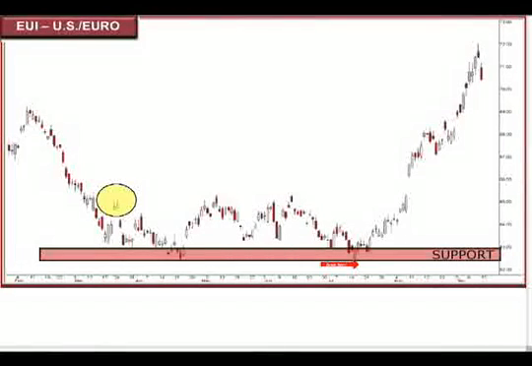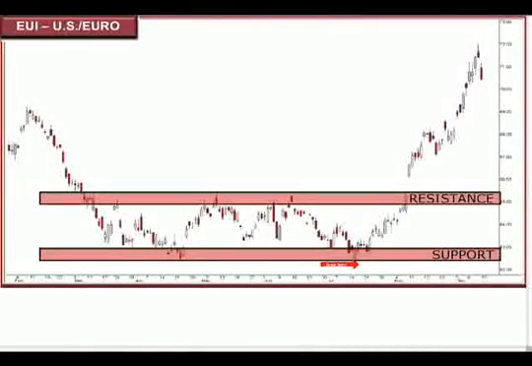Again, what we would do is look at the bigger picture, identify these key levels, and get a feel for where our support and then our resistance levels are. That way we essentially have a trading range with respect to the price action on the EUI.